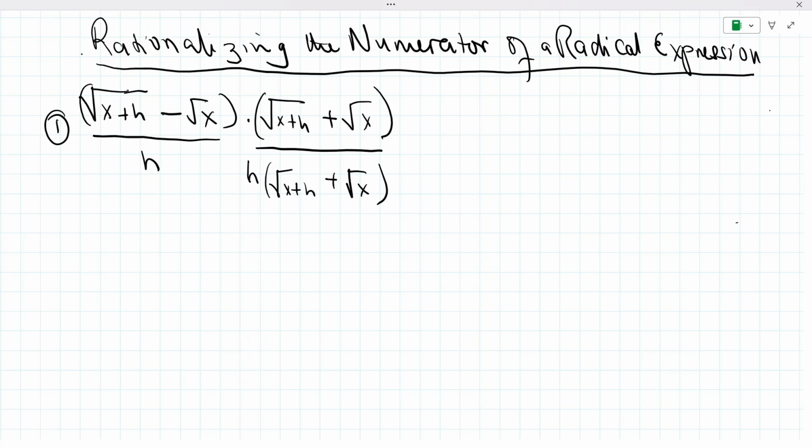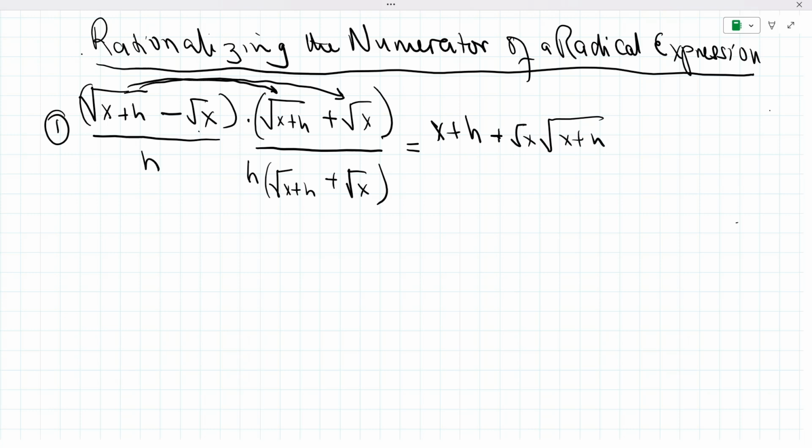So we multiply our root x plus h by root x plus h. So this will give us actually x plus h. And then we have root x plus h multiplied by root x, so this one will give us plus root x multiplied by root x plus h.